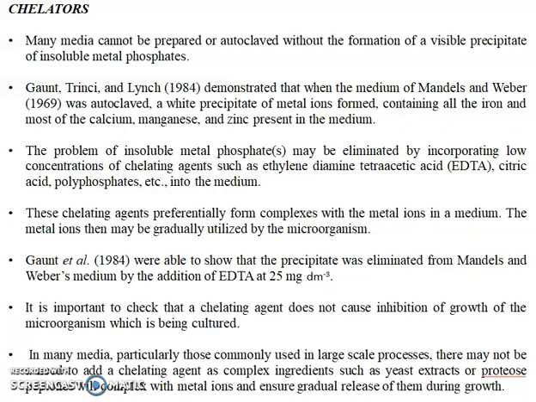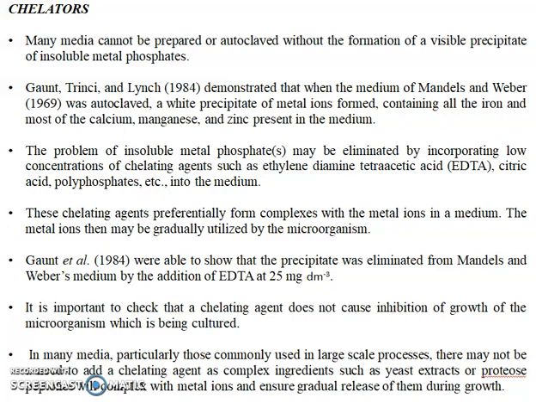Gaunt et al. 1984 demonstrated that when a medium of Mandels and Weber was autoclaved, a white precipitate of metal ions is formed, containing iron and most of the calcium, manganese, and zinc. So the metal combines with other chemicals to form a precipitate.